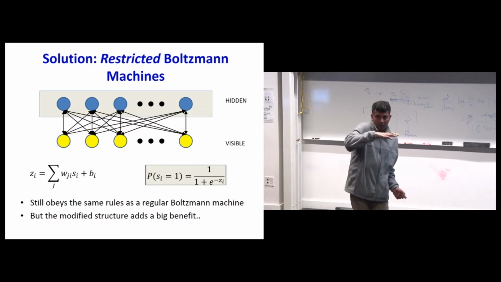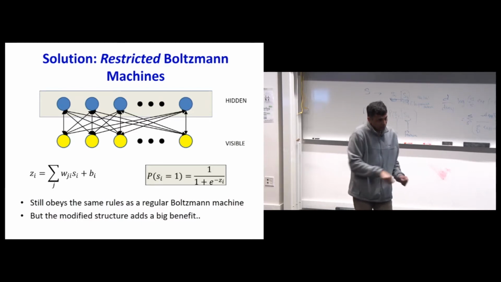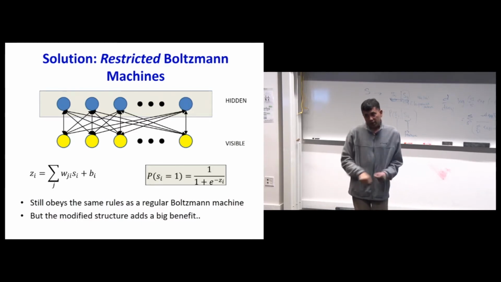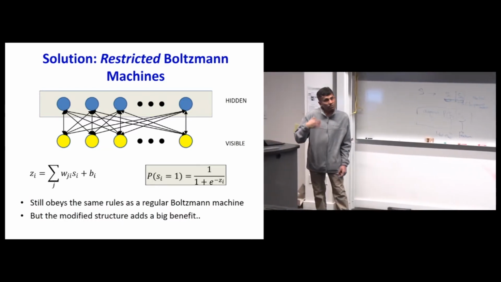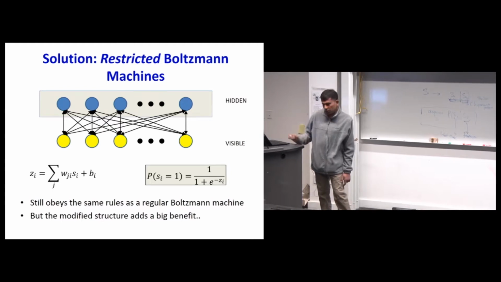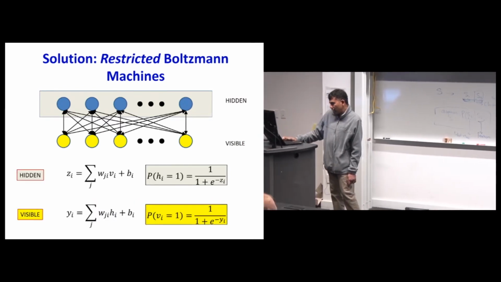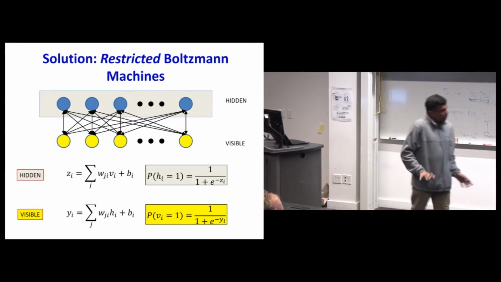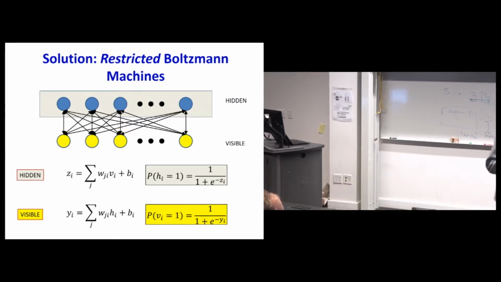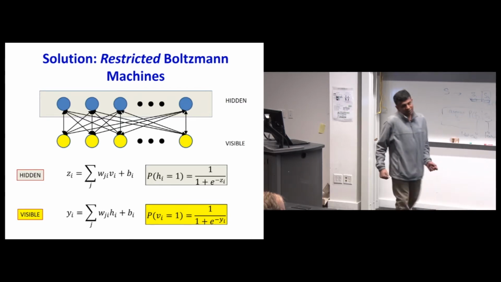And then if I give you the hidden patterns, in a single loop over the visible patterns, I get a sample over the visible patterns. The visible patterns don't affect each other except through the hidden patterns. And so you get this very interesting switching behavior where I can fix the visible patterns and sample the hidden patterns, fix the hidden patterns and sample the visible patterns.